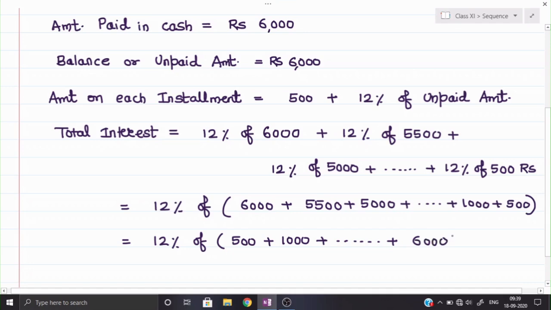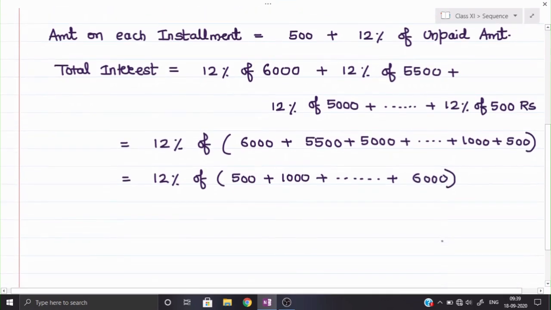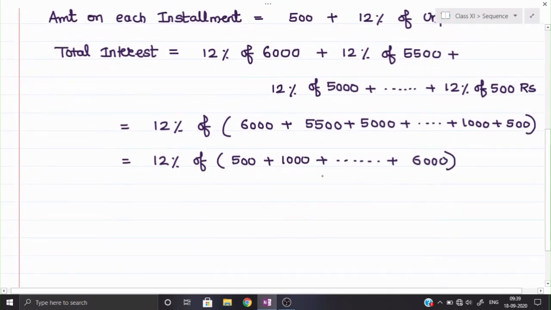That also remains the same. There is no difference. Now you observe this is going to form an AP, this is our arithmetic progression. So in this arithmetic progression, we will find the addition of all the terms.